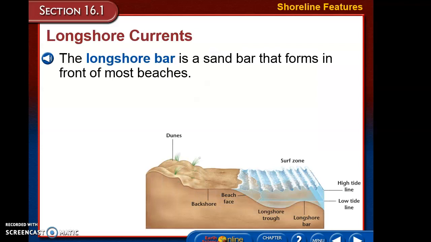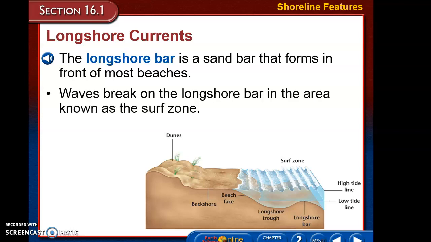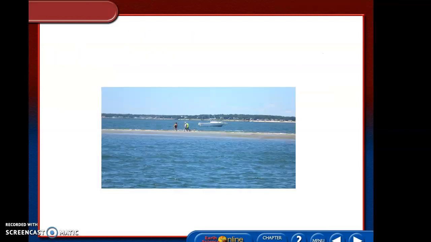There are also currents along the shoreline, and they can create sandbars. They drag pollution across the beaches. The longshore bar is a sandbar that forms in front of most beaches. There's one right here for you.